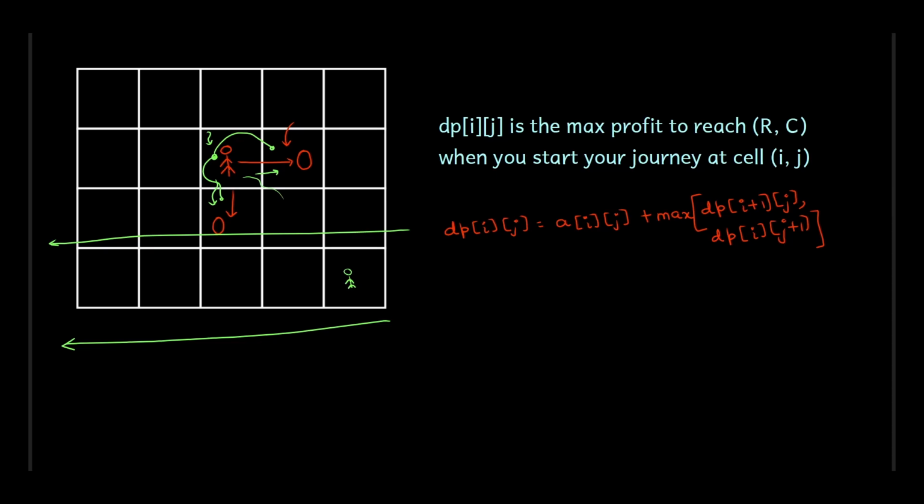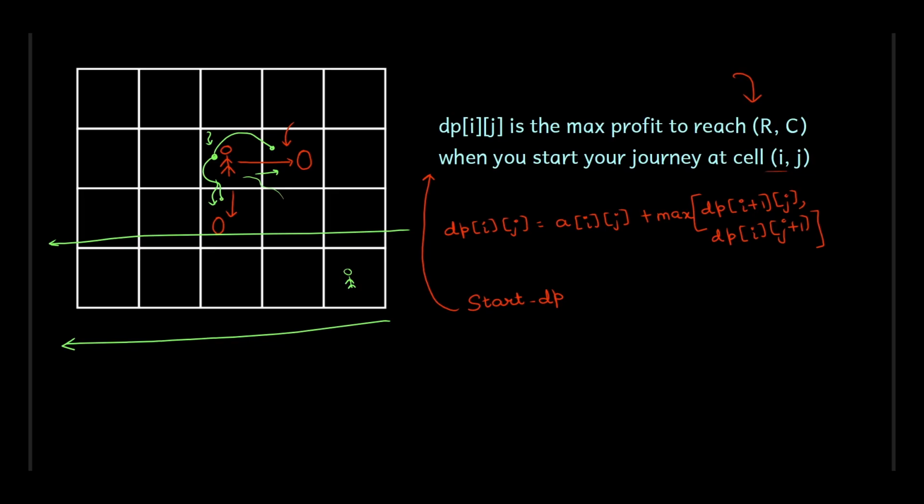So let us define this DP as a start DP. So we define something known as a start DP. So this is nothing but your start DP. So start DP of ij means what is the max profit that you can get when you start your journey at cell ij and your goal is to reach cell r comma c.